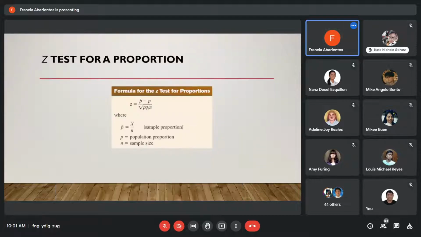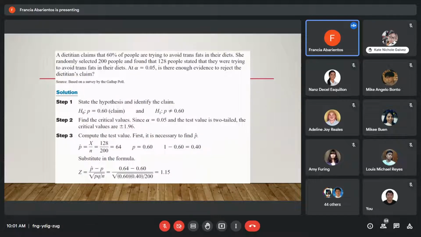Okay. Another example, for the proportion naman class, we have the z-test for proportion. It's the same as with those of the first claims natin sa mga unang example. It's just that this is now percentage, okay? So, a dietitian claims that 60% of people are trying to avoid trans fats in their diet.